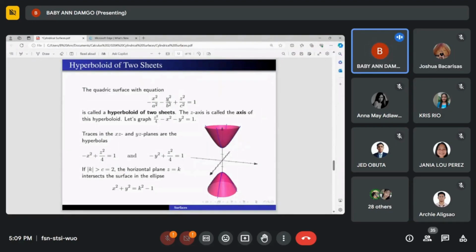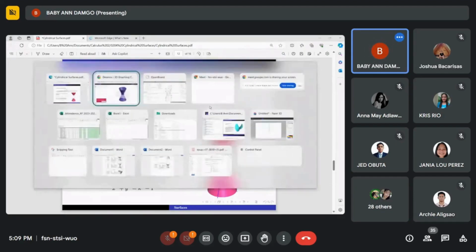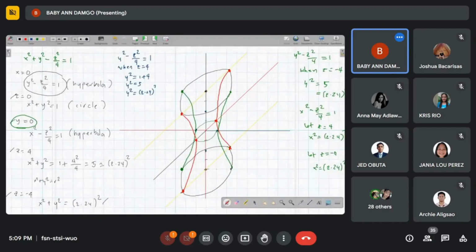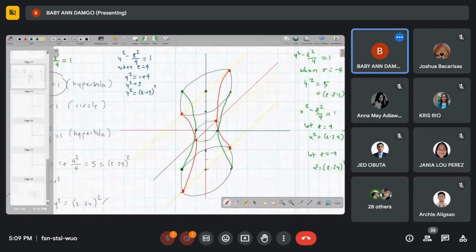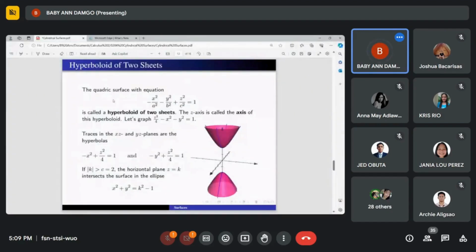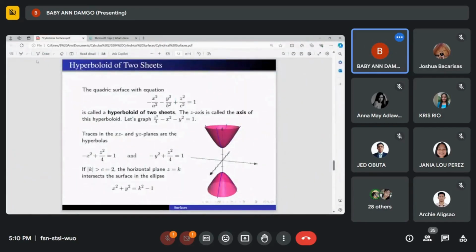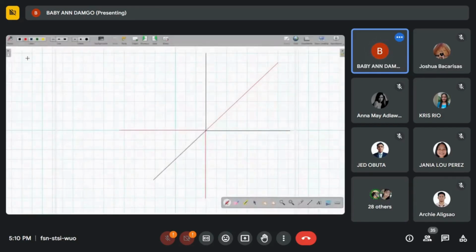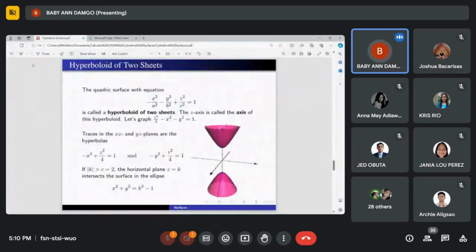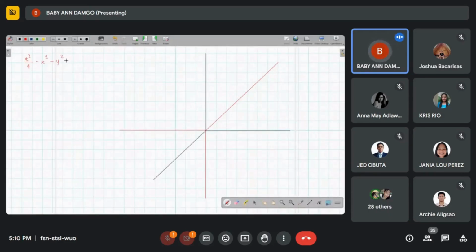So, to understand, let's have an example. Okay, so we have z squared over 4 minus x squared minus y squared is equal to 1.